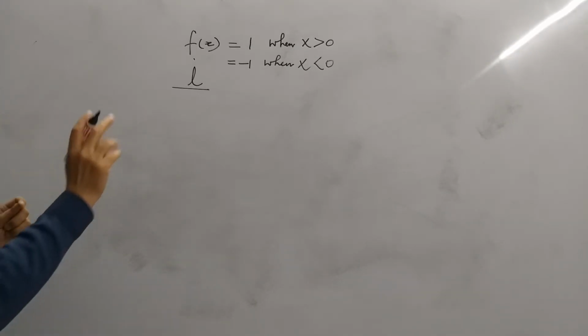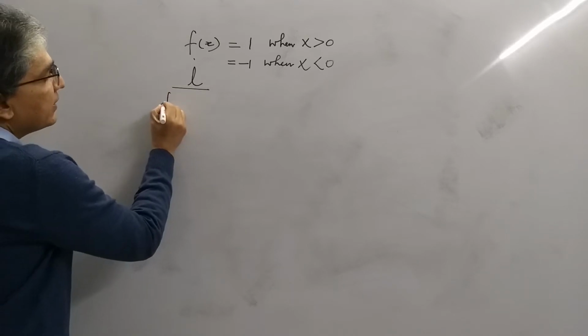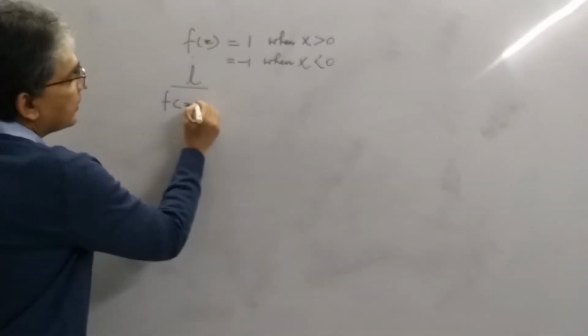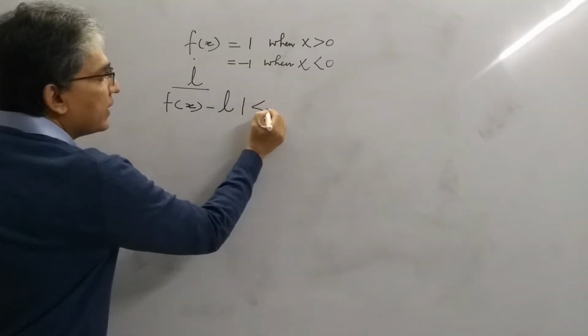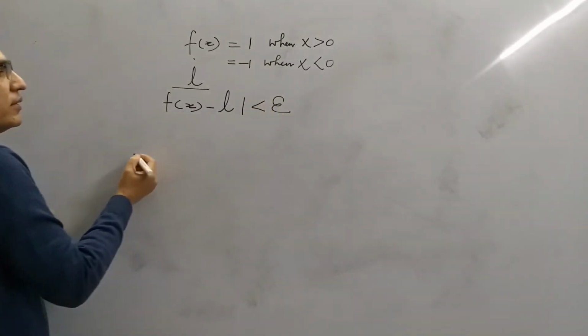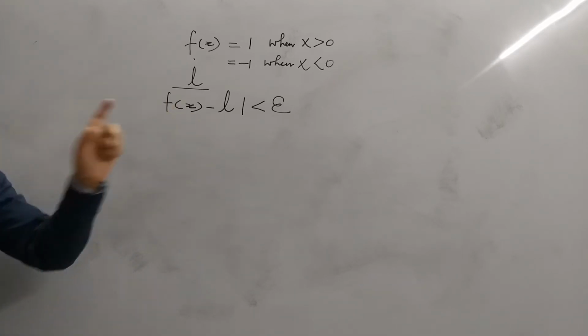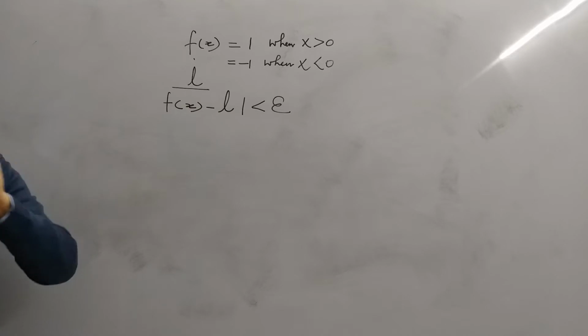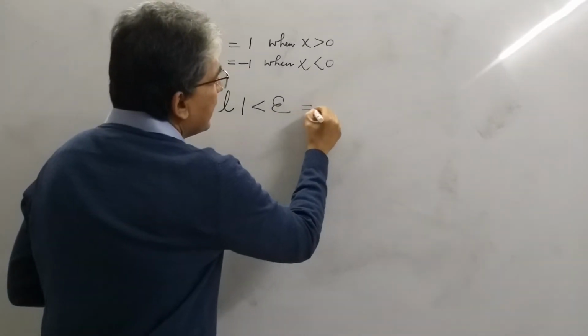Now, if there is a limit, what is the meaning? The meaning is that my function deviates from that limit by epsilon. This is the argument. The function deviates from the limit by epsilon. For a certain time, let's assume that this epsilon is half. I can choose this.